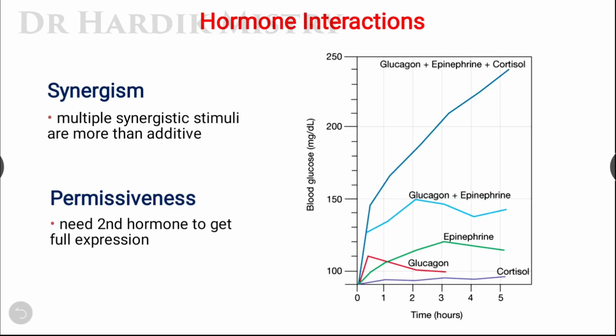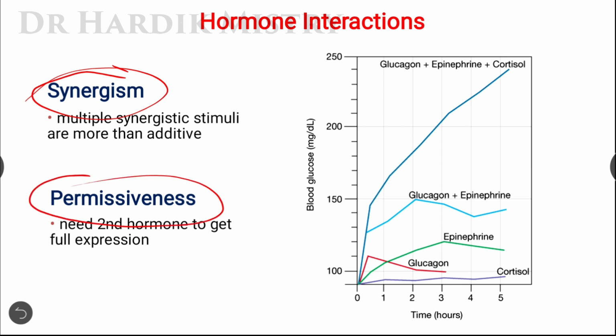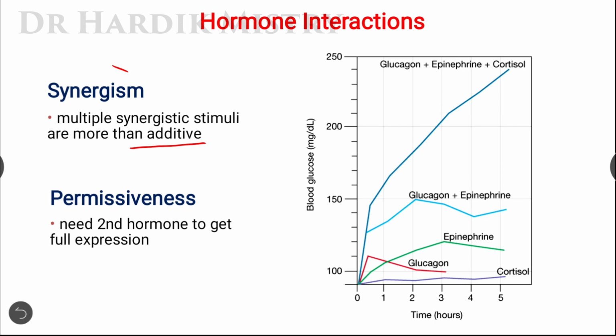Now hormone interactions. Mainly two different hormone interactions: one is synergism, and the second is permissiveness. What is synergism? Multiple synergistic stimuli are more than additive. For example, glucagon produces a response, and epinephrine produces a response.